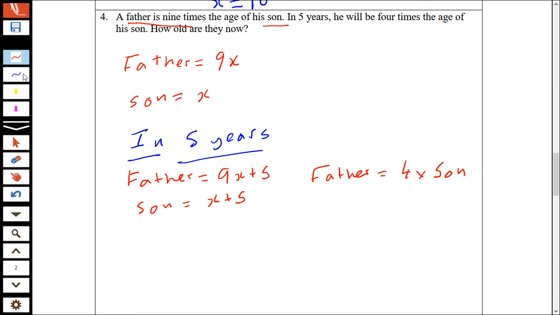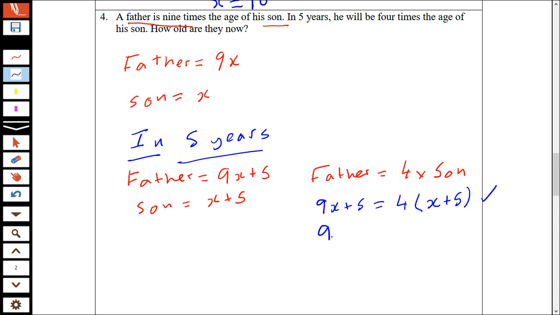Okay, all right, so that's how we're going to write the equation now. So the father, so 9x plus 5, is 4 times the age of his son. So 4 brackets, x plus 5. Okay, so there's our equation here. Now we're going to solve it.